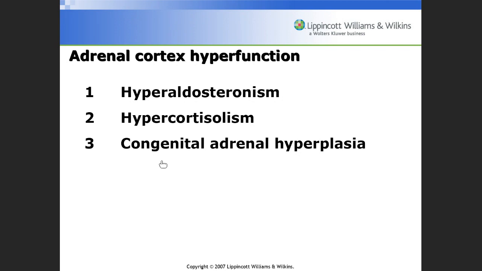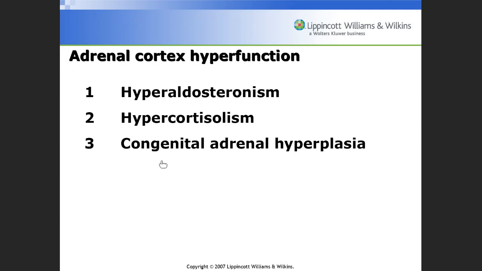And then we're going to talk about how congenital adrenal hyperplasia is a condition in which, typically, there is a defect in an enzyme, say cytochrome P450, that is involved in making steroids. So you have a backup of the precursor form and so forth.